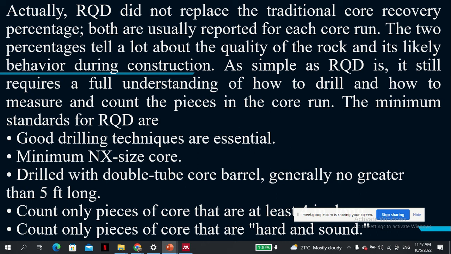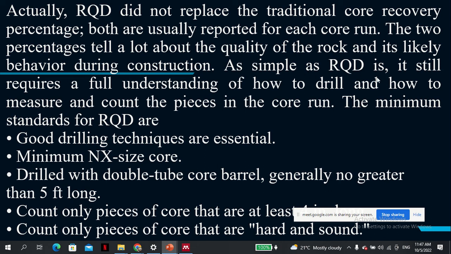But RQD was found to give a good representation of the actual behavior. So on site, they report both RQD and total core recovery. The two percentages tell a lot about the quality of the rock and its likely behavior during construction.